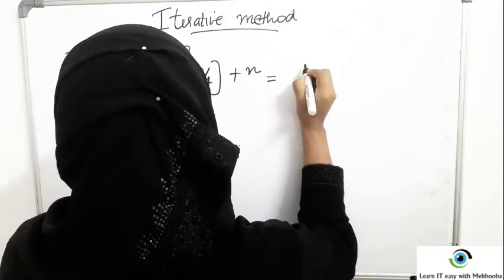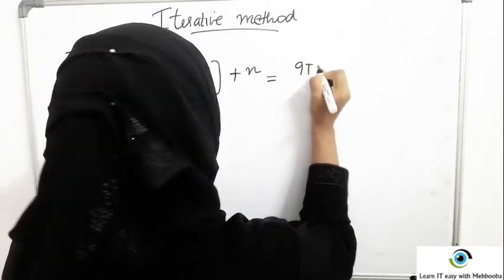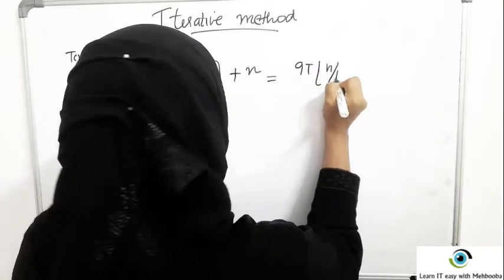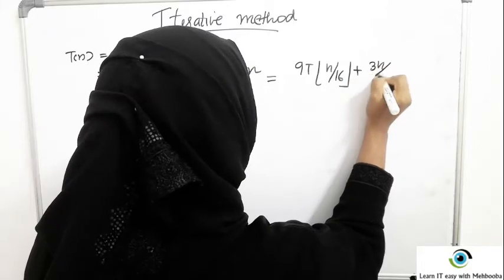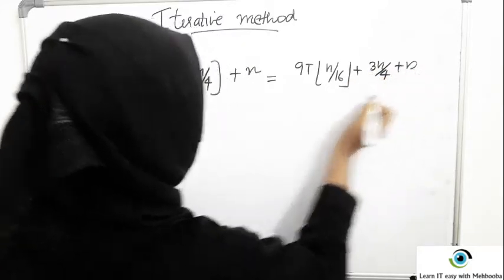So when we take the brackets out, you will get 9T of n by 16 plus 3n by 4 plus n, isn't it?